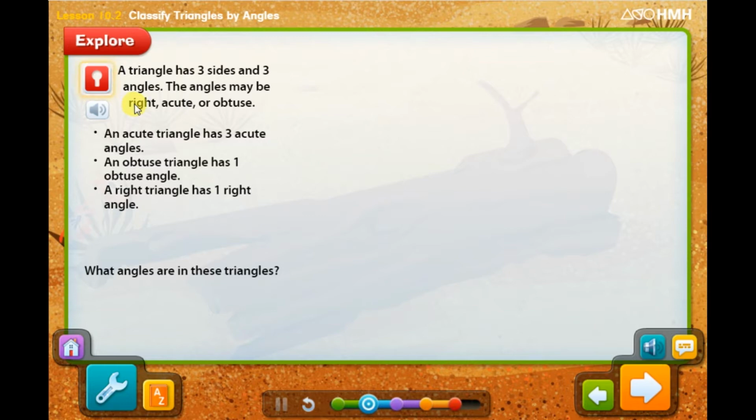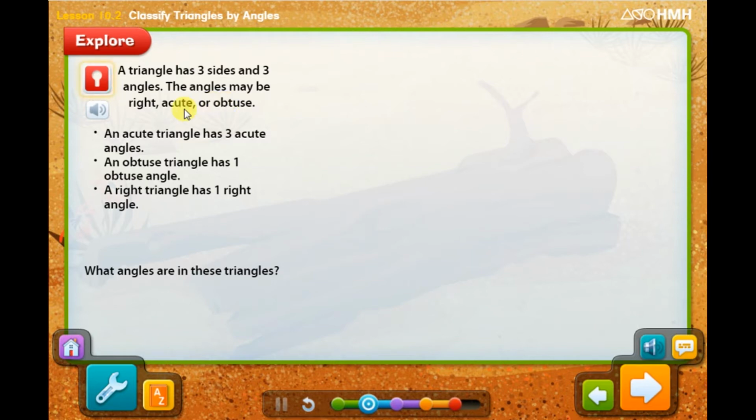It's like telling you to sit straight up or upright, meaning you will make the shape of the angle of a square. Acute is a small angle. Obtuse is a wide open-mouthed angle.